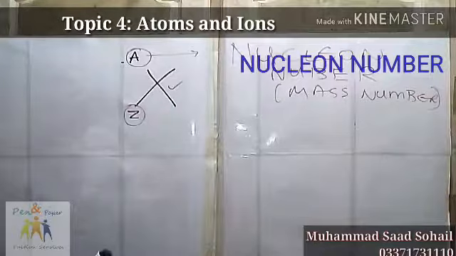Basically, the nucleon number or the mass number gives the total number of protons and neutrons in the nucleus of an atom.